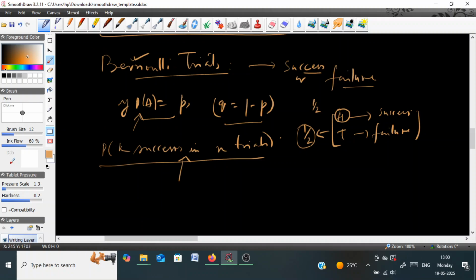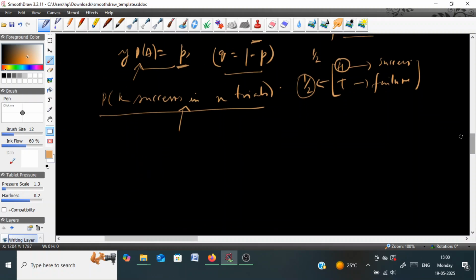What is the probability of getting k successes in n trials, given that the probability of success is P and the probability of failure is 1 minus P? This is basically given by n factorial divided by k factorial into n minus k factorial, p to the power k into 1 minus p to the power n minus k. So this is taken as the probability of k successes in n trials.